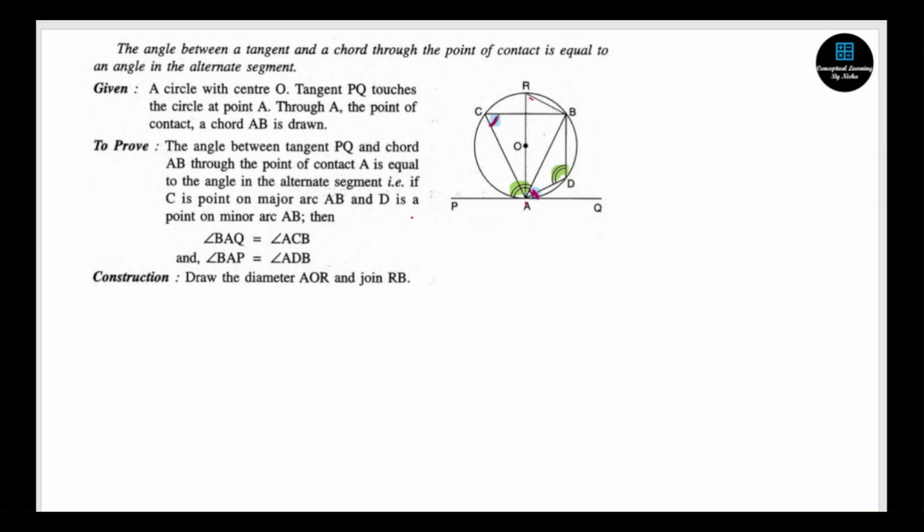So in triangle ABR, now see, remember the angle subtended by the diameter on a segment. How much is it? Yes. So angle ABR equals 90 degrees. Correct. Angle of a semicircle, I can say.